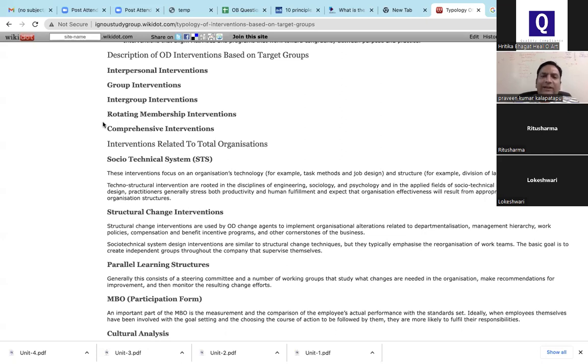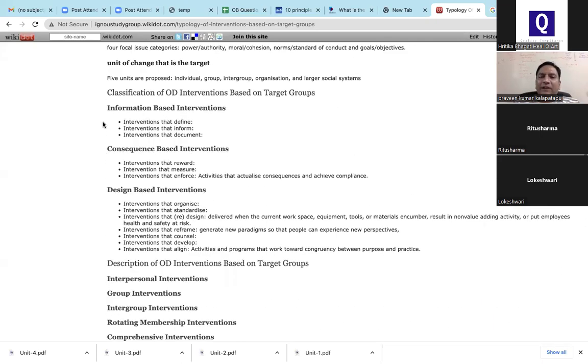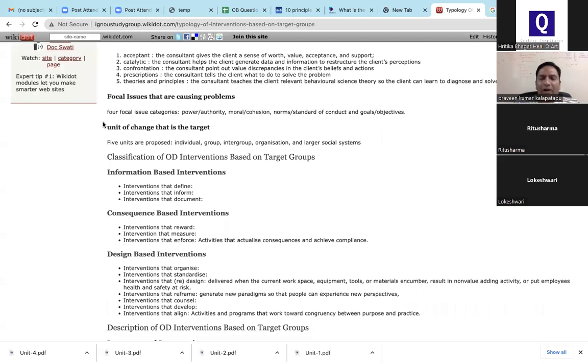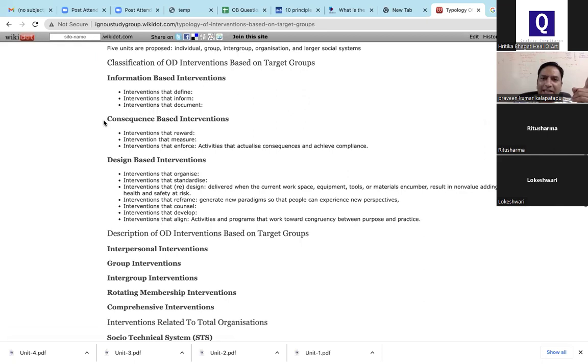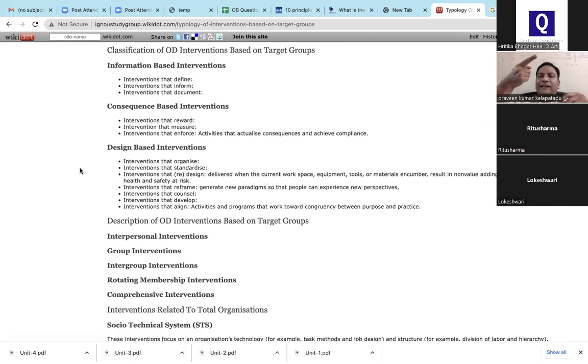So the above is also a classification, and this is also a classification. The above classification is based on the issue type that you are trying to address, and the below classification is based on the target audience, or whom you are doing it for. If you remember in the previous unit as well, there are two: organizational issues and organization levels. First is based on the issues, the second is based on the levels.